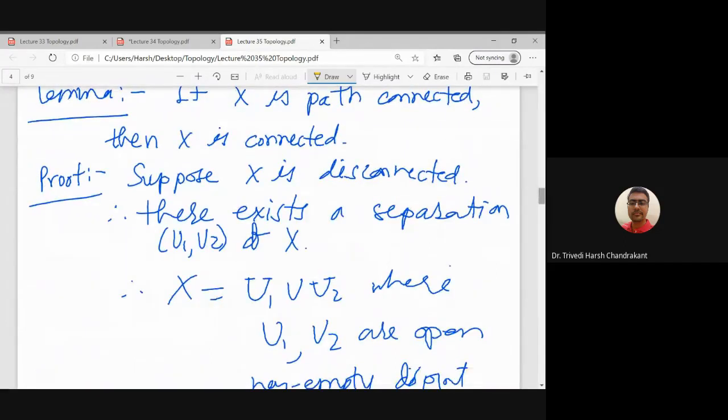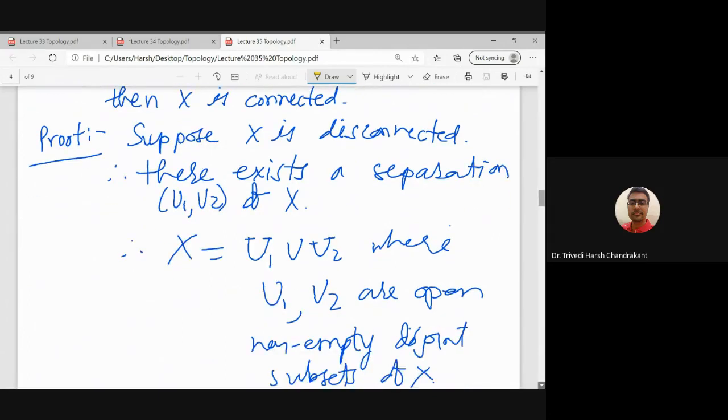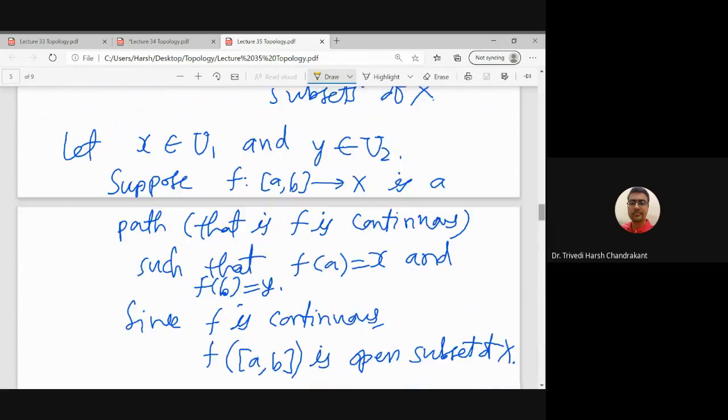Then X equals u1 union u2, where u1, u2 are non-empty disjoint open subsets of X.